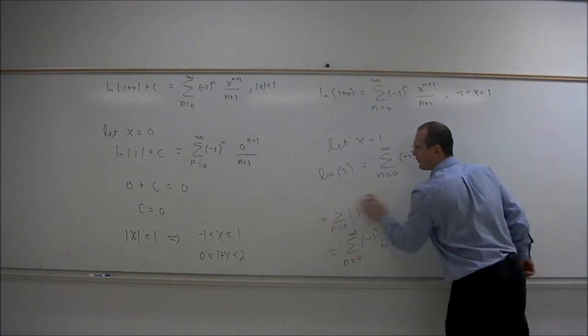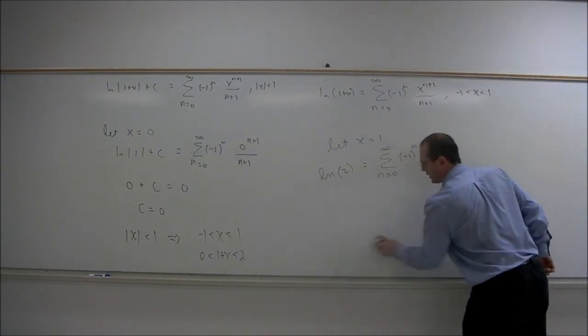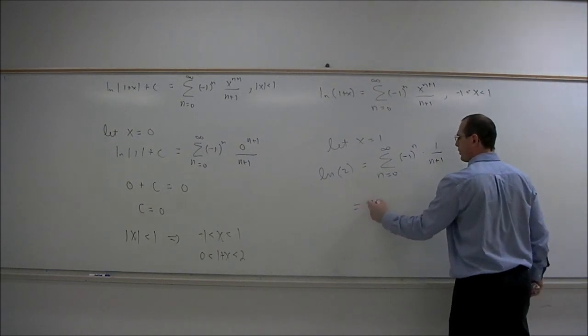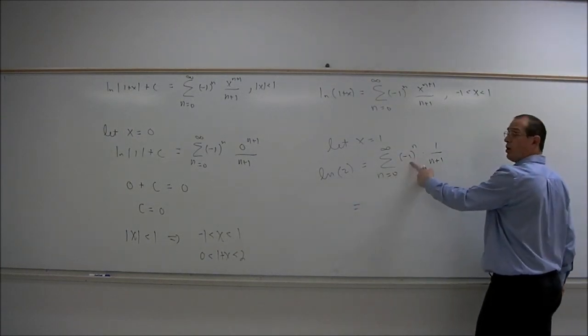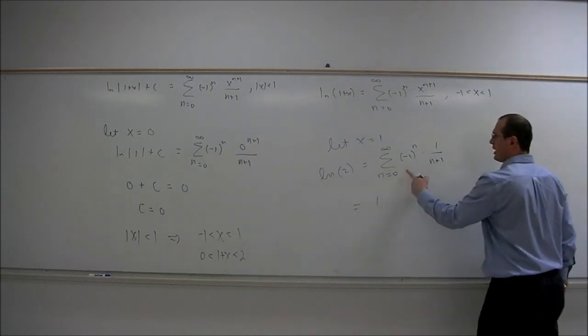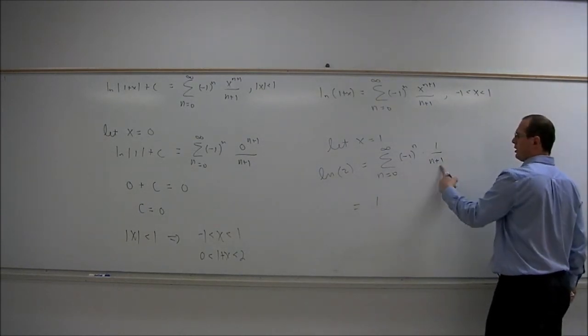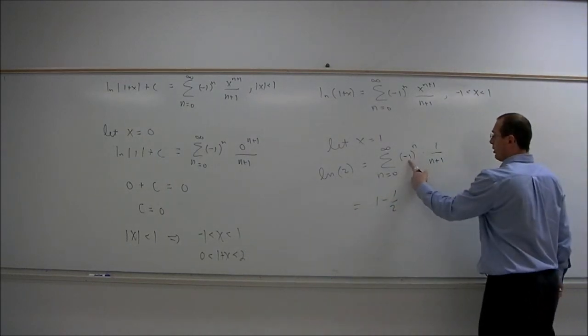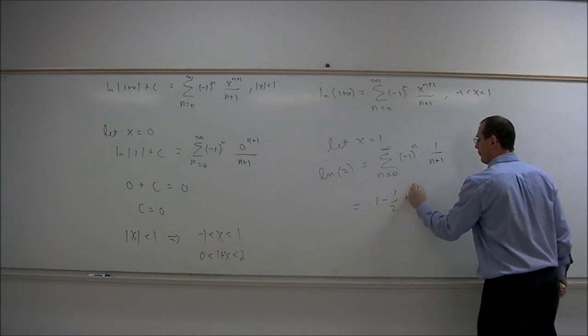And if we write out the first few terms of this series, we'll see that this is a familiar series. When n is 0, 1 times 1 is 1. When n is 1, we get a minus and a 1/2. When n is 2, we get a plus and a 1/3.